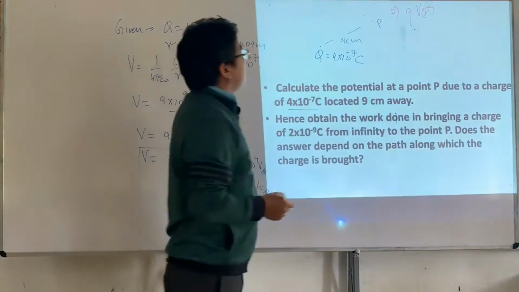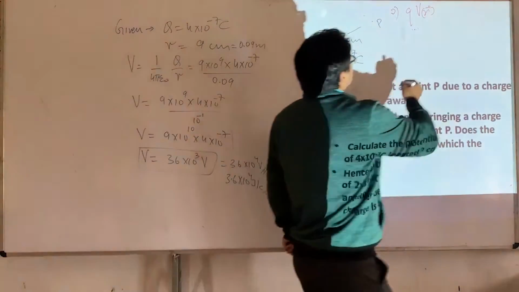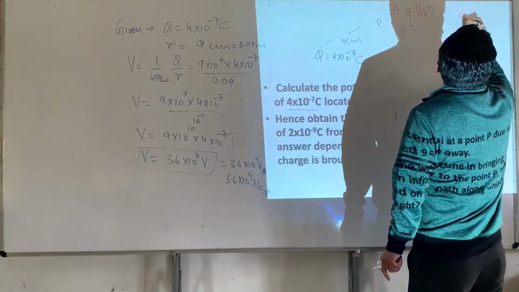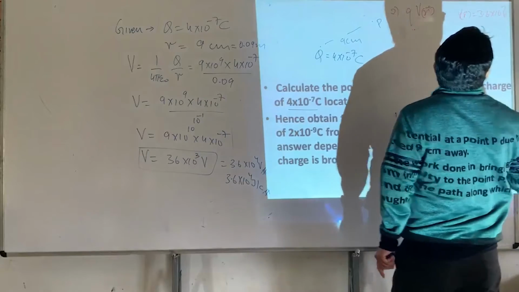What is V of R? V of R is given by this, which is 3.6 into 10 to the power 4 volt.